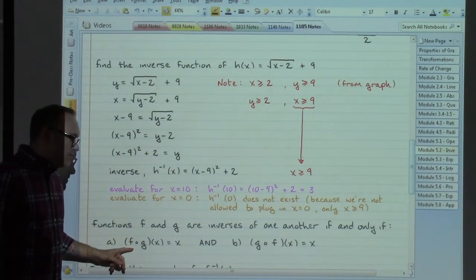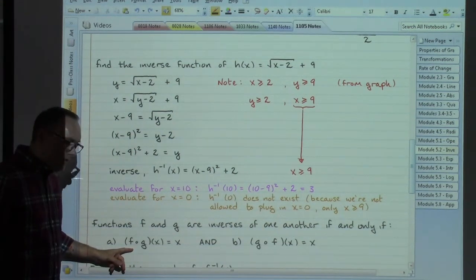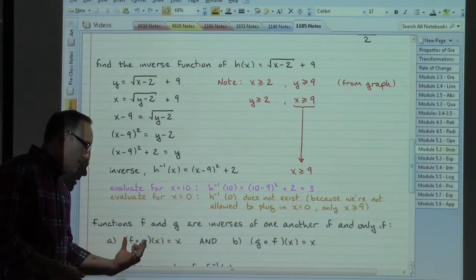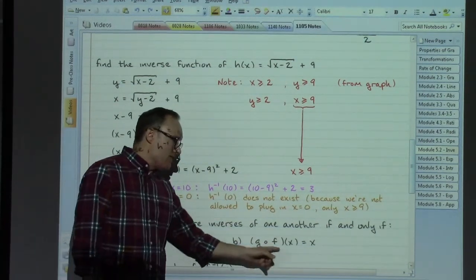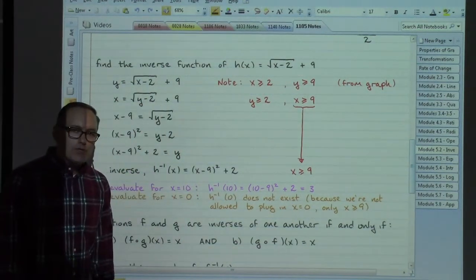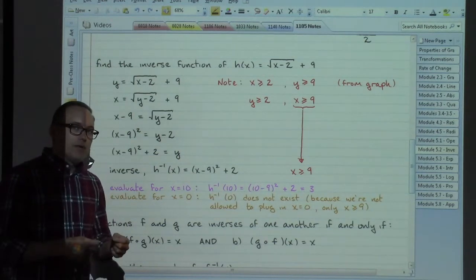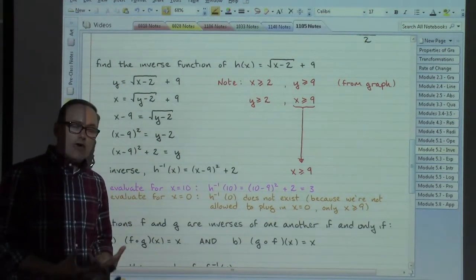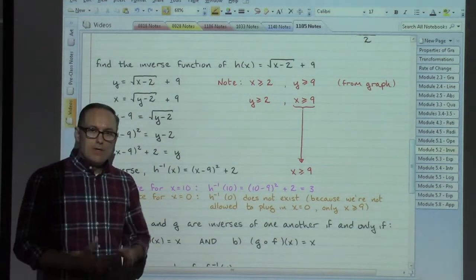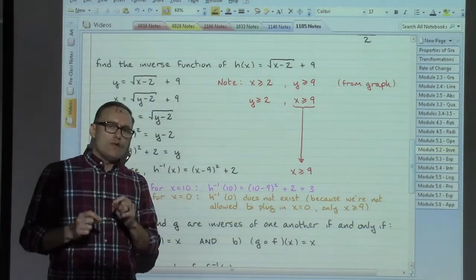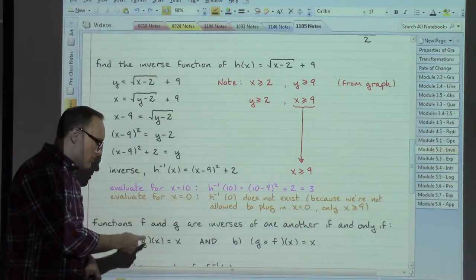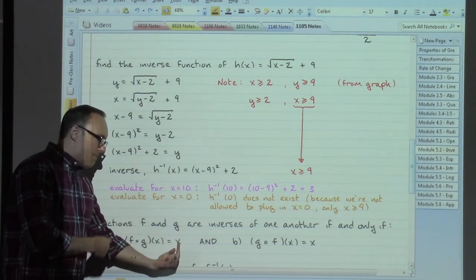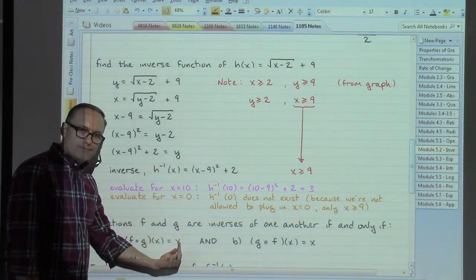If we've got functions and we do the composition f of g and g of f, and both of them spit back a generic x. So again, no matter what we start with, if we put it into g and then take that new number and put it into f, we get back the x that we started with.